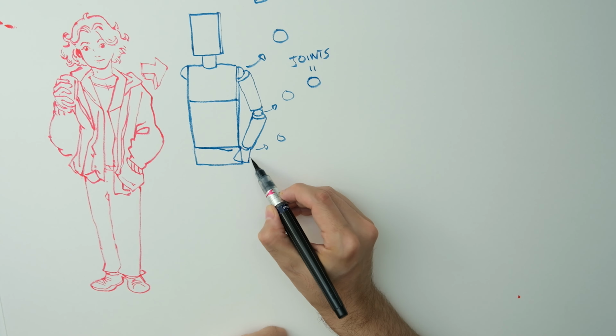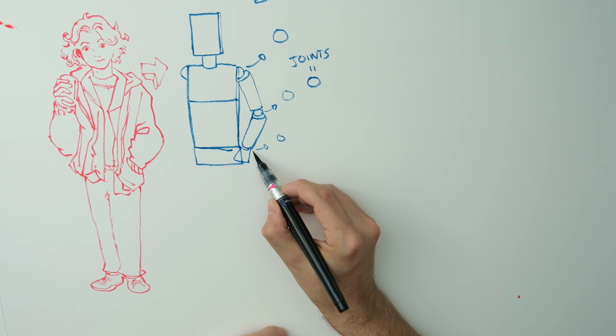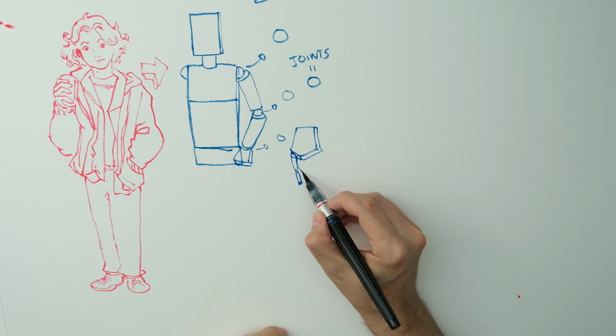The hand is probably the most complicated form because it's a bit like a pentagon. And then the fingers are just tubes.